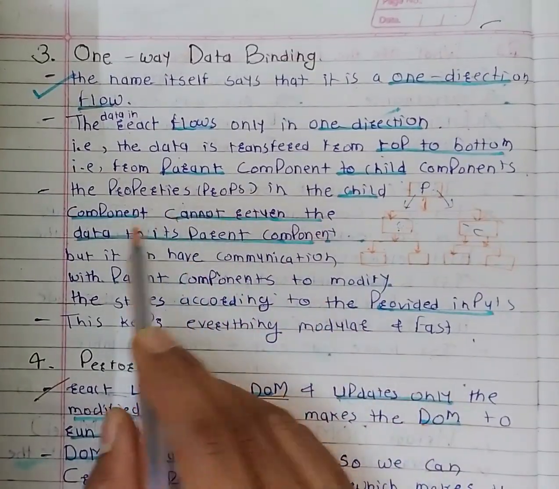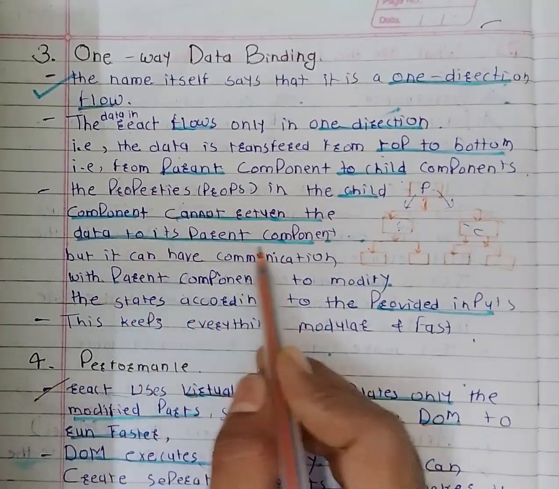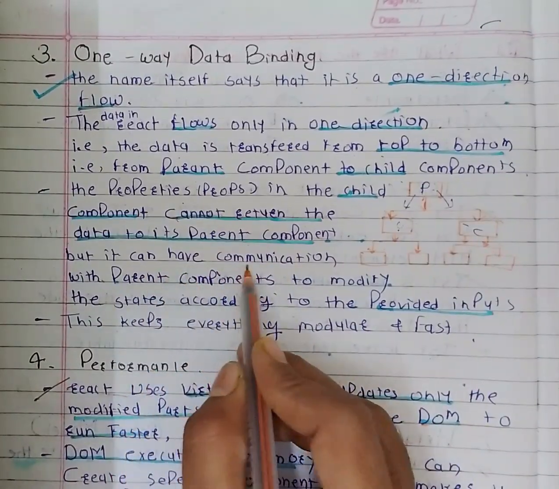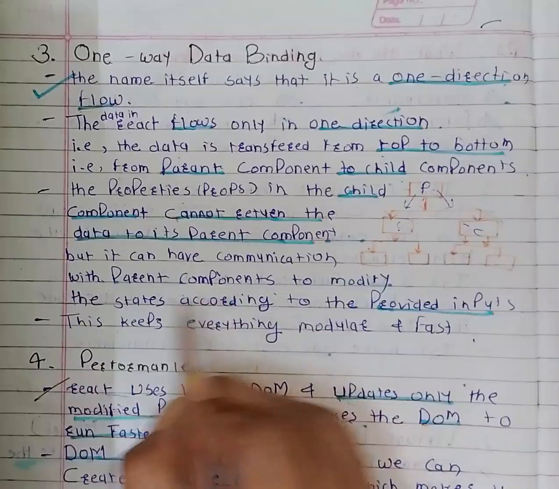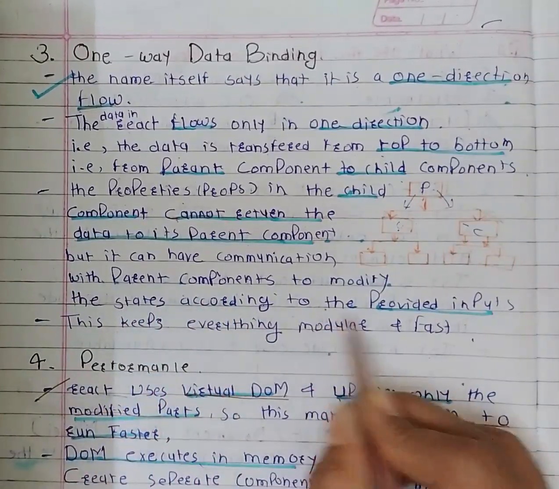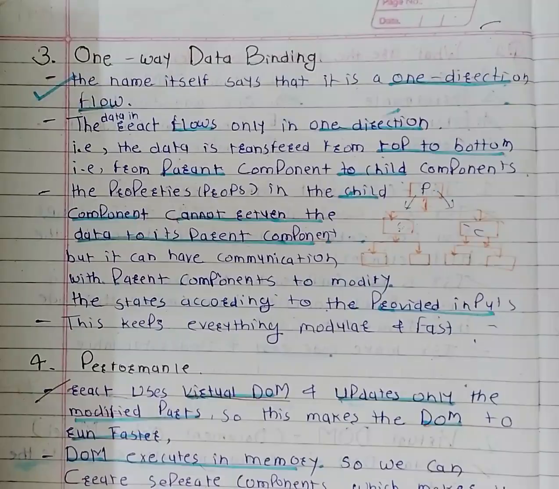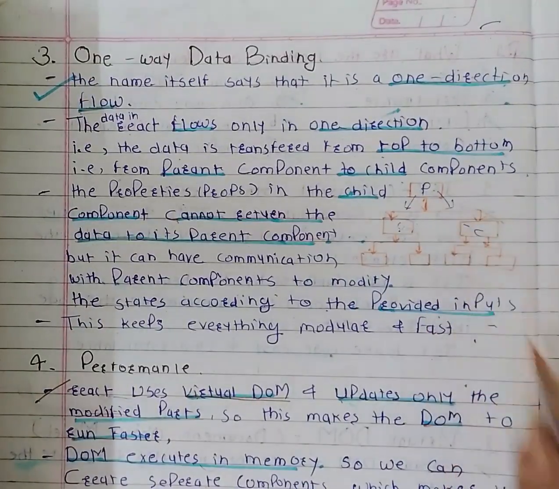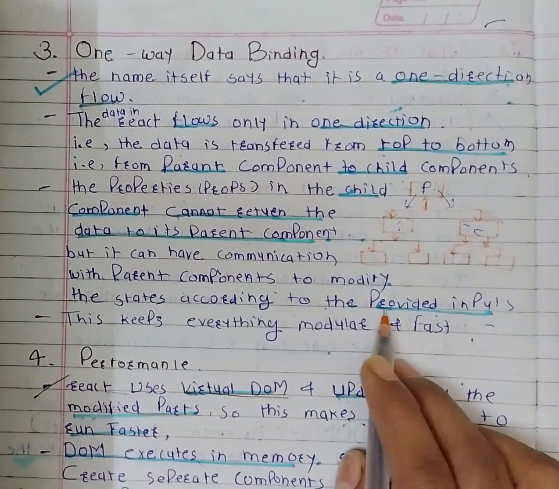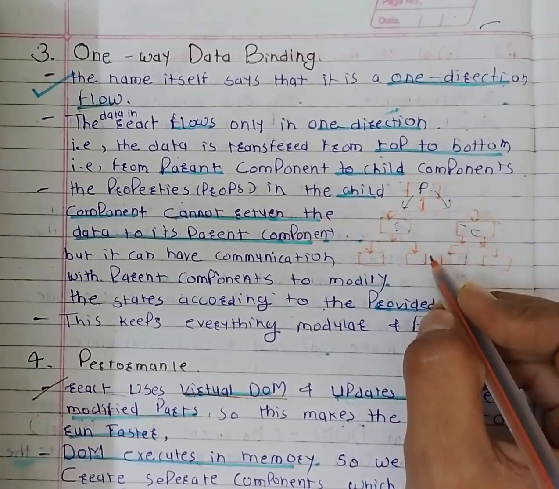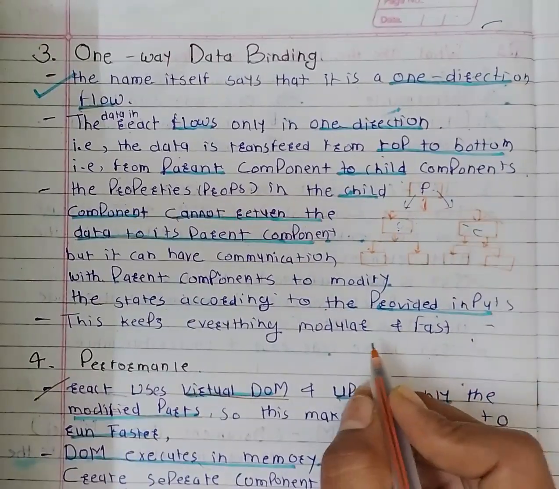The props in a child component cannot return data to its parent component, but it can communicate with parent components to modify the state according to the provided inputs. It cannot flow the data from child to parent, but it has communication with its parent.